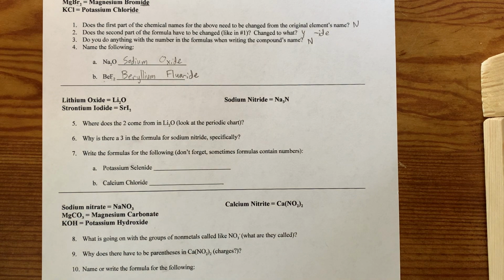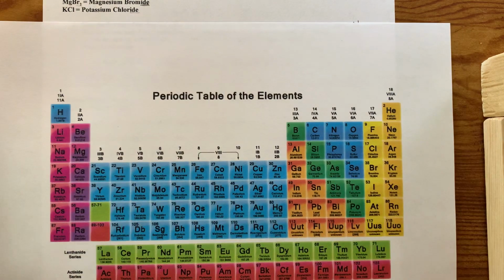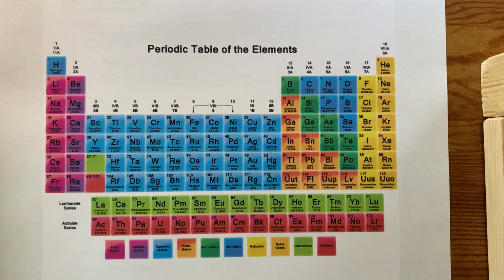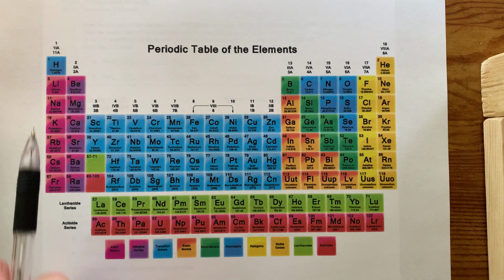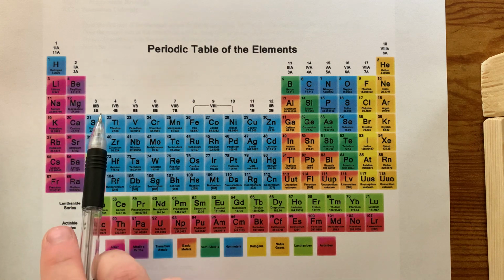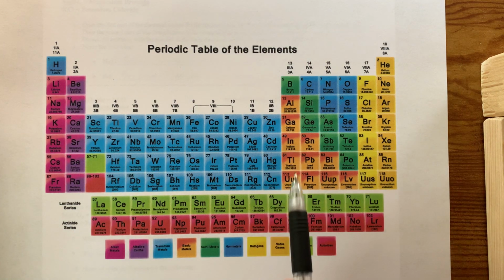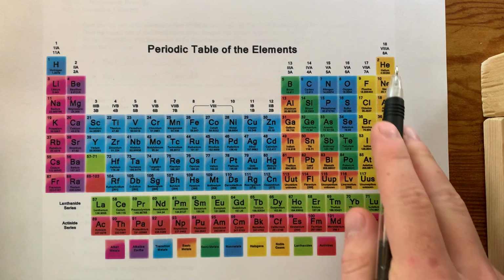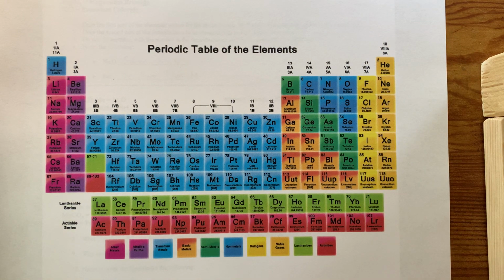Look at our periodic chart. So I'm going to pull out my periodic table over here. In our periodic table, I want to point out just a little bit of the organizational scheme of the periodic table. We have arrangements of groups of elements, and I'm saying groups very specifically because a group quite literally means a vertical column in our table.